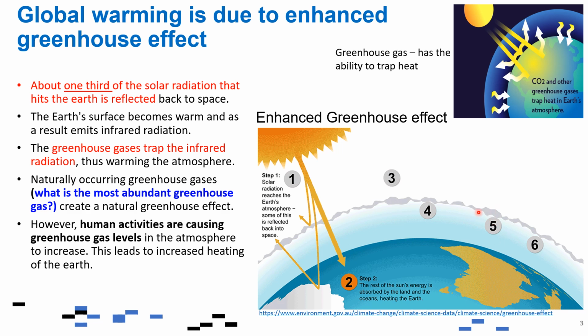Because of this higher greenhouse gas concentration, the Earth can be heated more, and that's why we have the term global warming, because of the trapping of heat by more concentrated greenhouse gases.